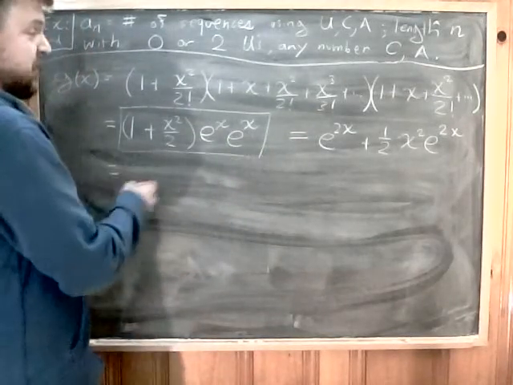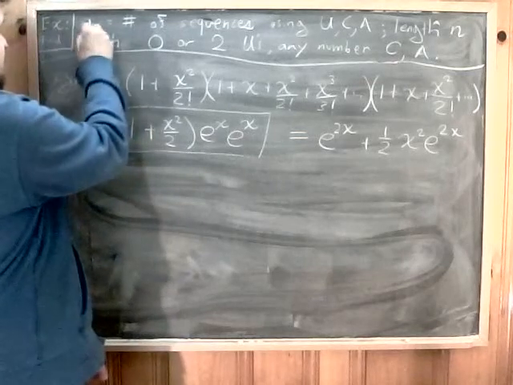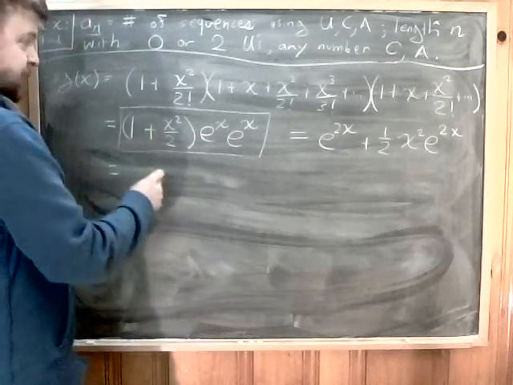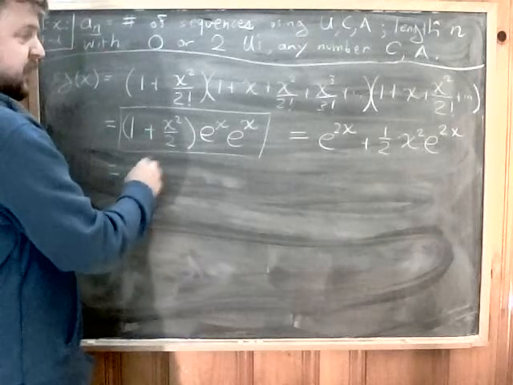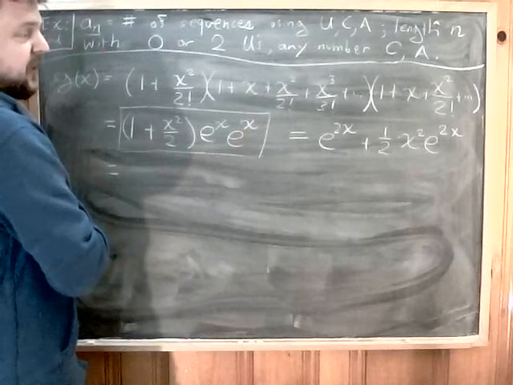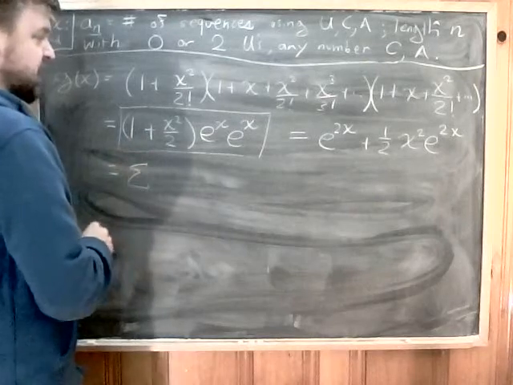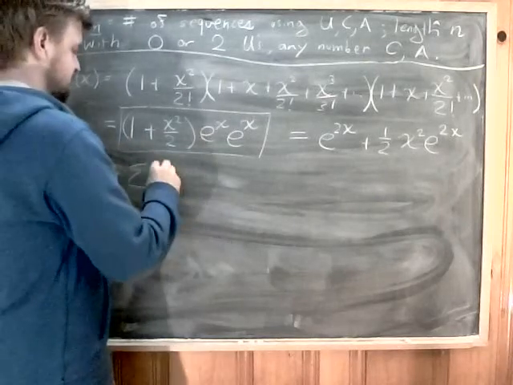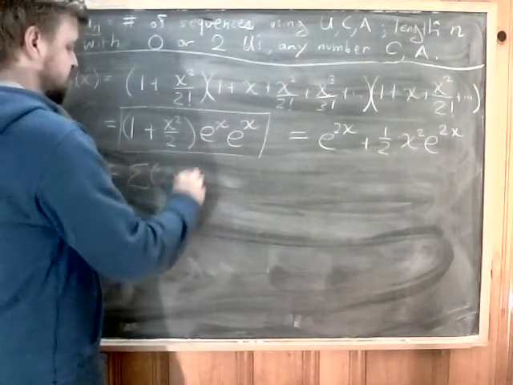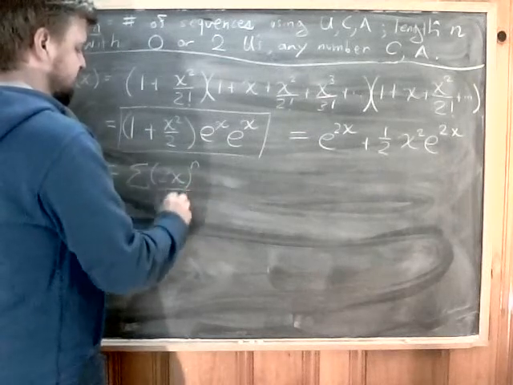But now, to get the a sub n as a formula, the next thing I do is e to the 2x, so it's the summation of (2x) to the n over n factorial.